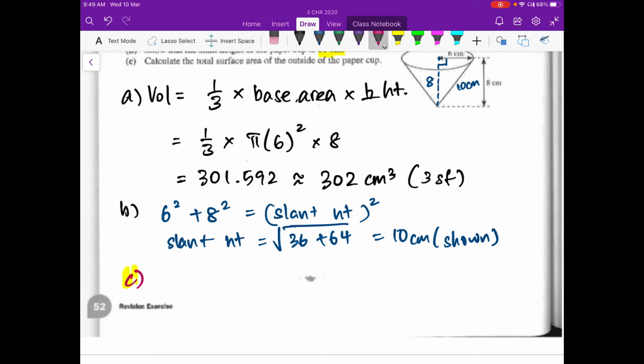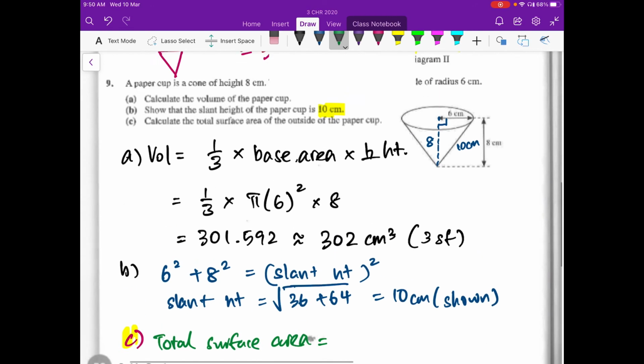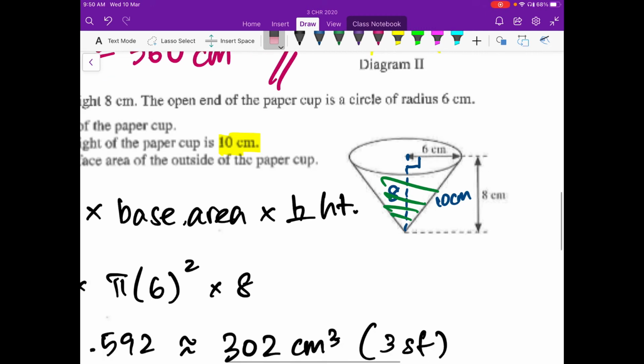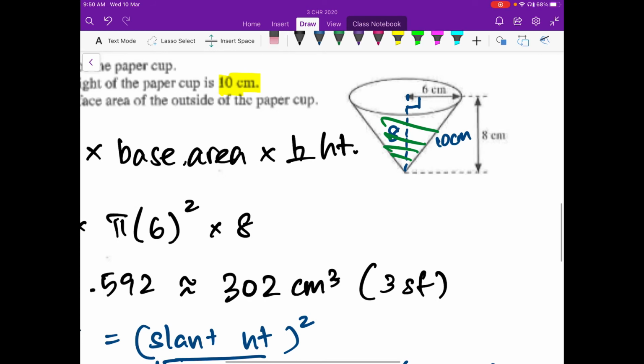So the final portion, part C, total surface area. Okay, so total surface area is only the curved surface. Although it is a cone, usually for the cone we have one circle on top, then we have the curved surface. But in this case, this is a cup. The cup will be open. There is no circle on top. So it's just the curved surface only. Where we have our L value as the slant height, 10.